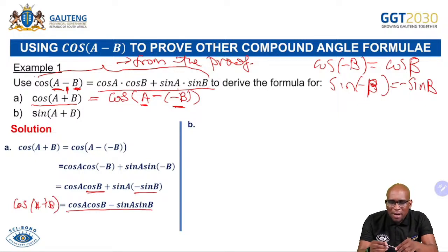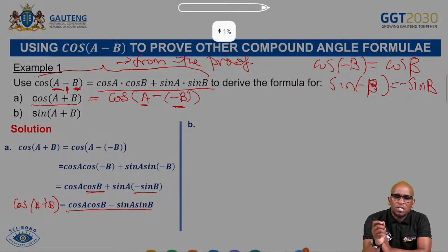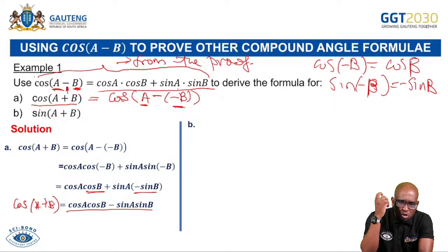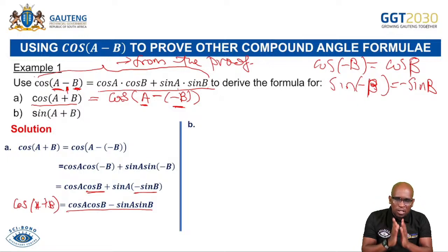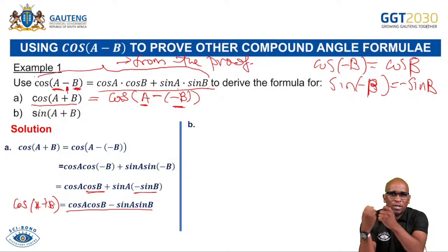Good people, remember this is very, very important for exam purposes. You should know how to do it. Right, I'll explain it again. The aim is to write down what you are supposed to prove in the form of what was given.